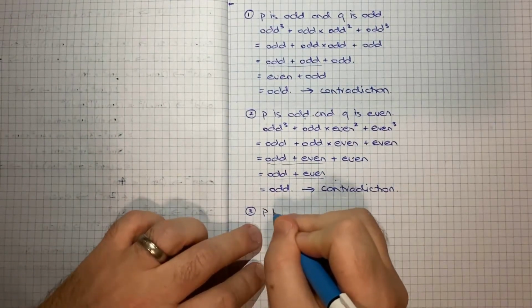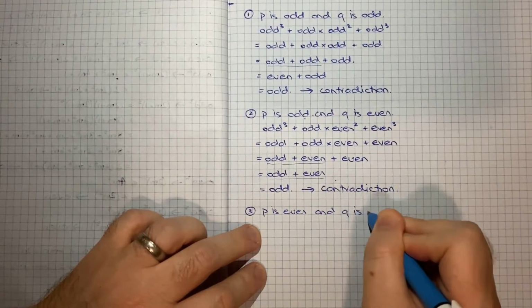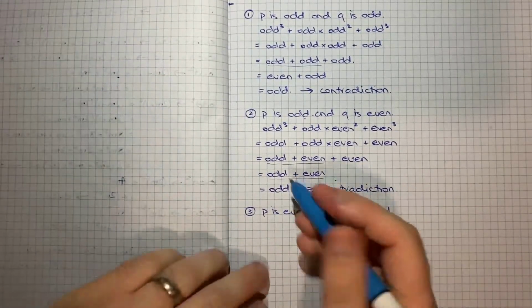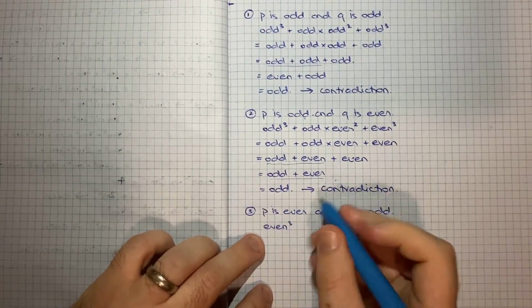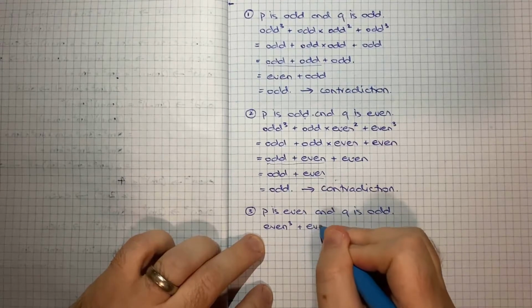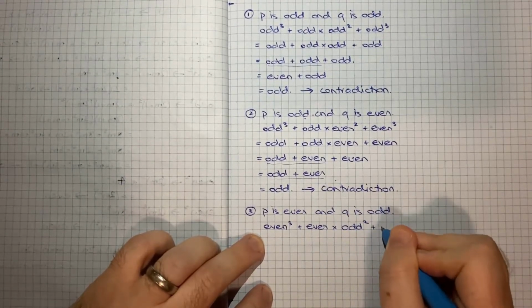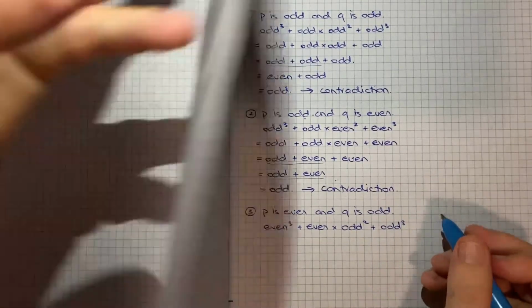So we'll have P is even and Q is odd. So what we'll get there is even cubed plus even times odd squared plus odd cubed. Yes, that's right.